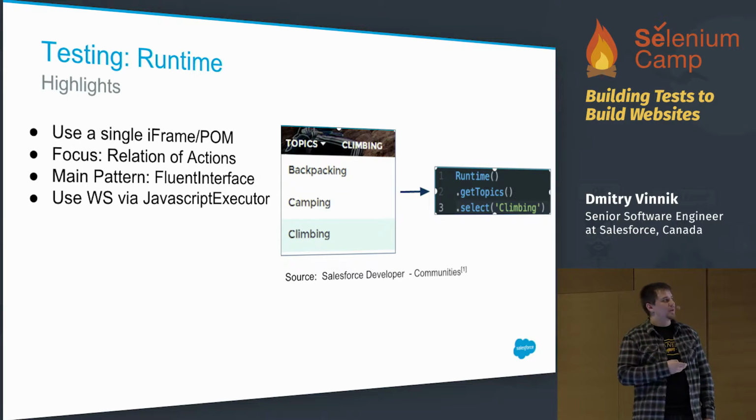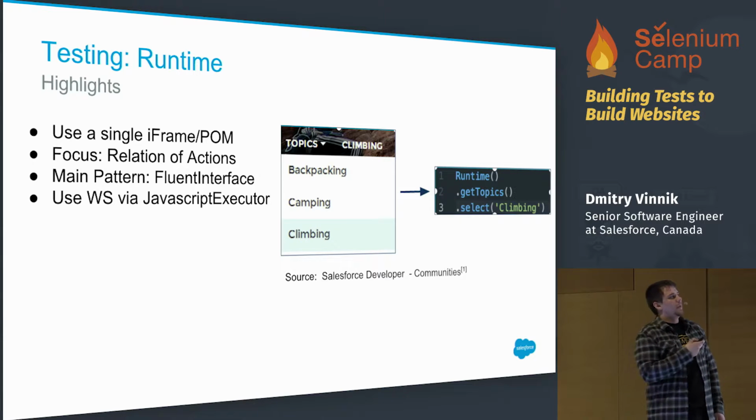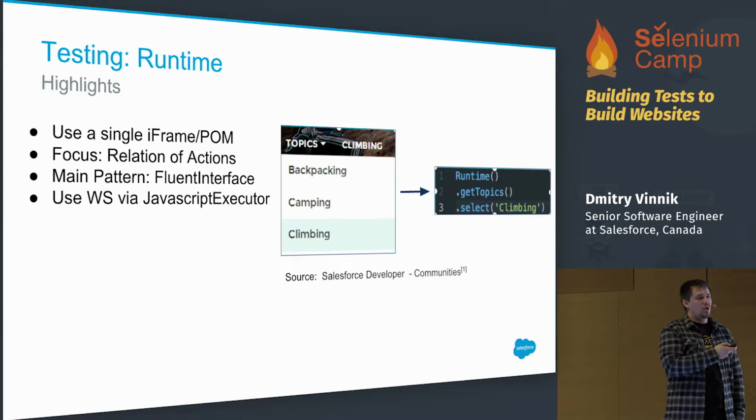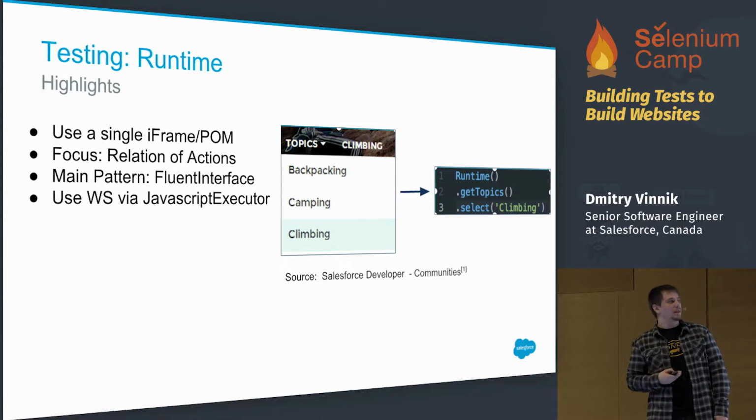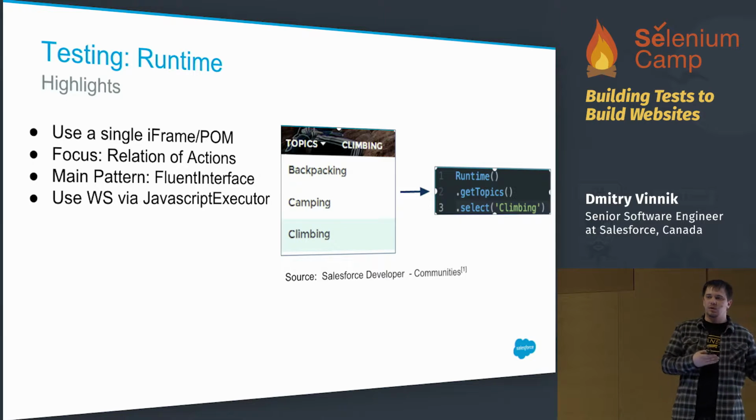That triggers the WebDriver, not to find me that page object necessarily. I'm not interested in it. What I'm interested in is making an action, a call, and actually clicking on this drop down and showing me the topics underneath. And then I will make the main action that I'm most interested in: select. I select a certain topic of the topics that were given to me by my previous action.